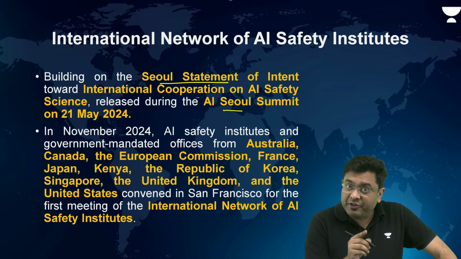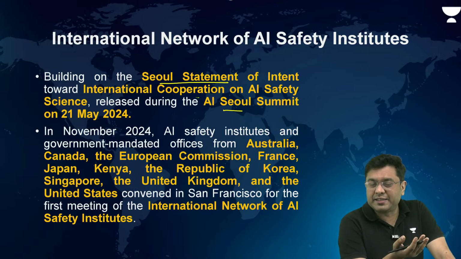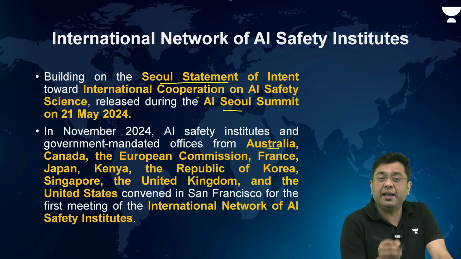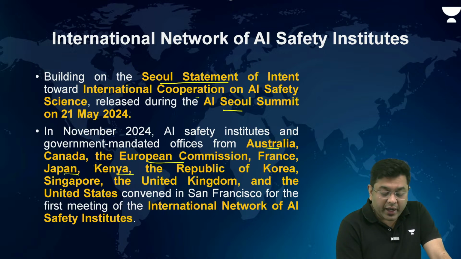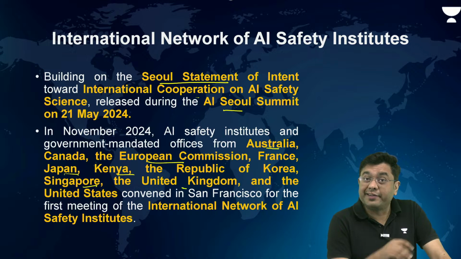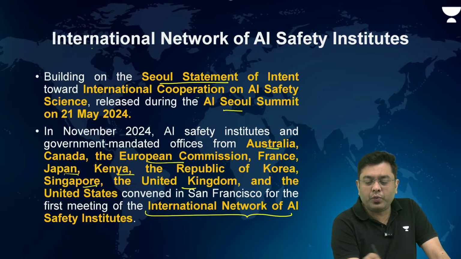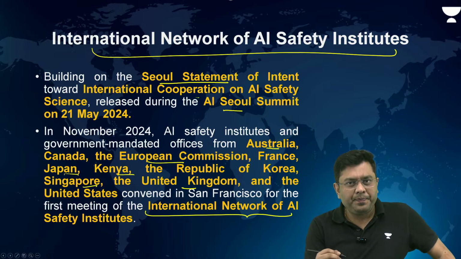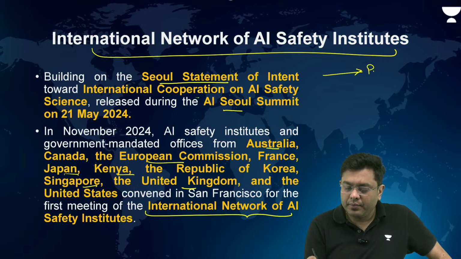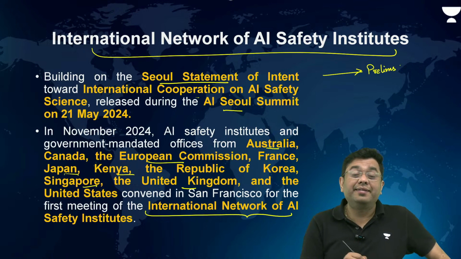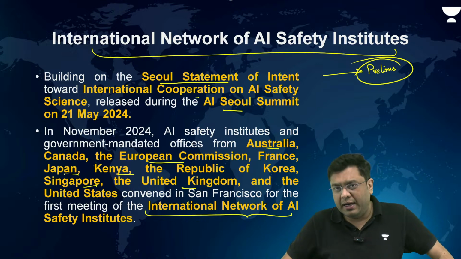After that, in November, safety institutes from various governments, that is Australia, Canada, European Commission, France, Japan, Kenya, Korea, Singapore, UK, US, all of them came together in the first meeting of the International Network of AI Safety Institutes. Now, this is relevant for your prelims, and also in mains, when you have to cite the international efforts for AI regulation and AI governance.